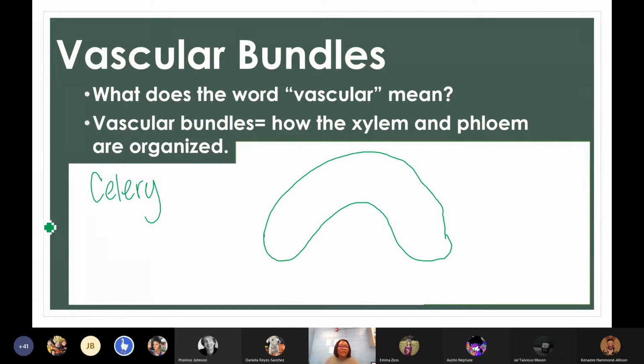When we're looking at the celery, the question I want us to work to answer is, based on what we see, is celery vascular, please write this down, or non-vascular?